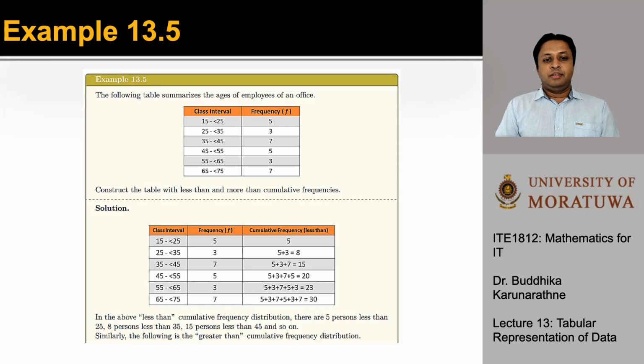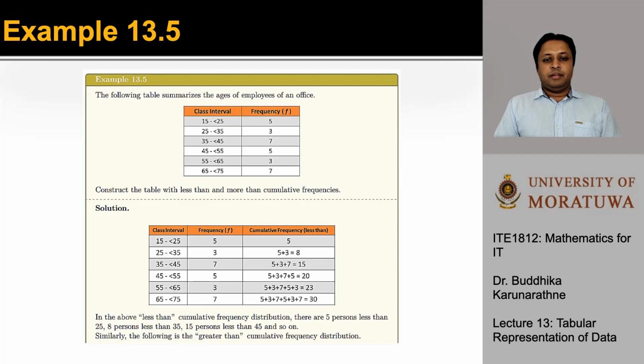Moving on, 15 persons less than 45, and so on. So you see the less than relationship. You add up the frequency values from the smaller side. You start from class number 1, add the value from class number 2, add the value from class number 3, and so on. So you get the cumulative frequencies 5, 8, 15, 20, 23, and 30.